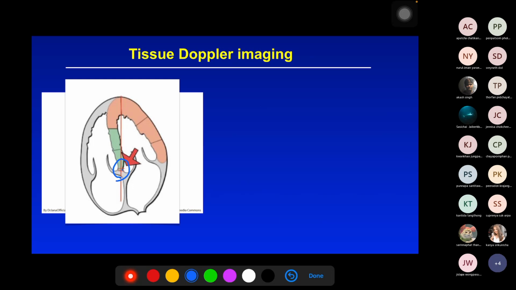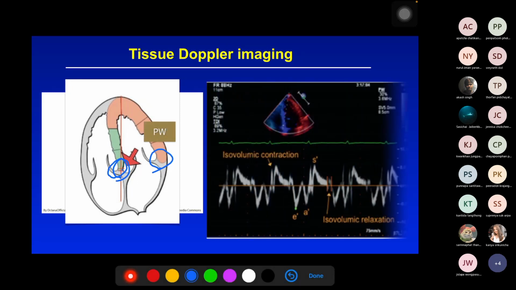You should place it as parallel as you can. Then for the lateral annulus, you place it and press the TDI button, then press the pulse wave to get the image here. You have to try it yourself to see the picture.